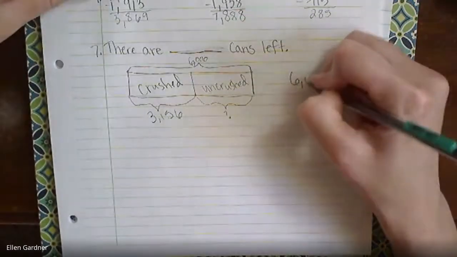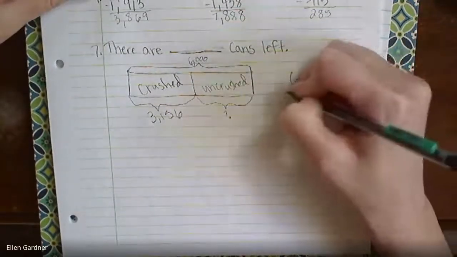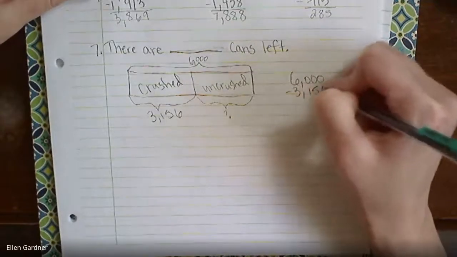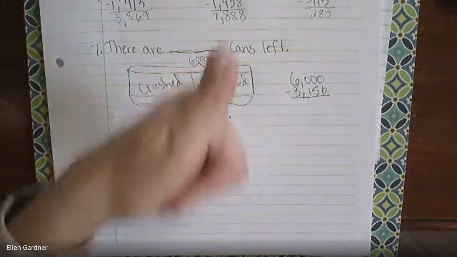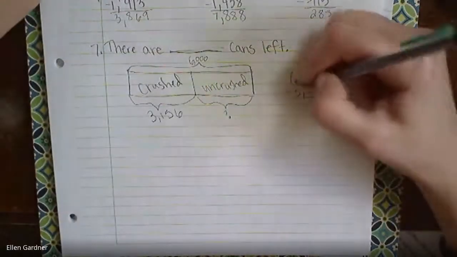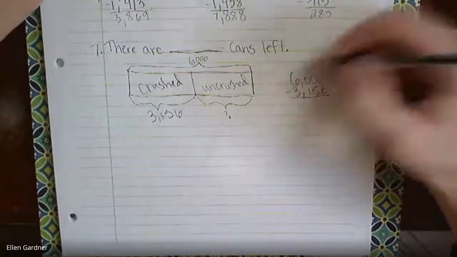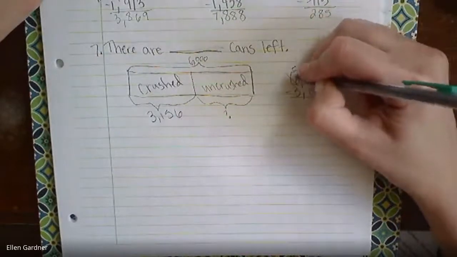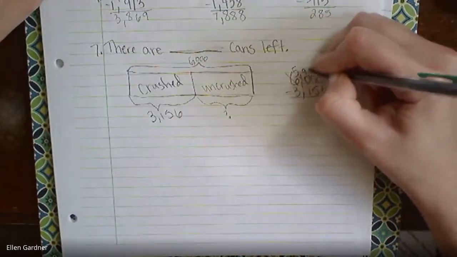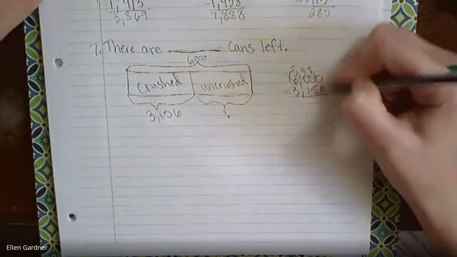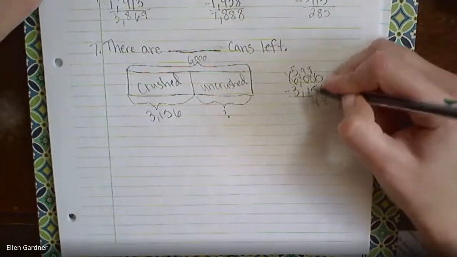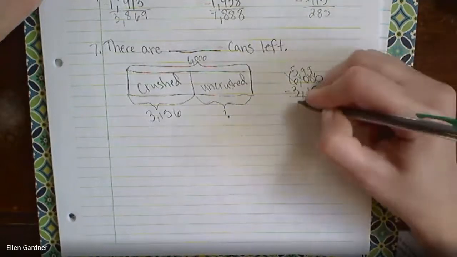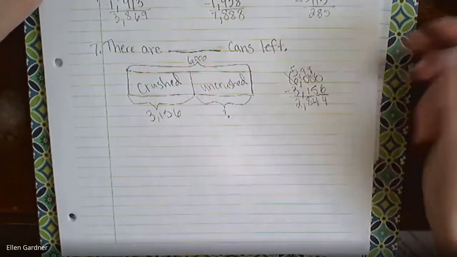Okay. 6,000 minus 3,156 is how we solve for it. Who subtracted? Great job, if so. We are going to subtract across zeros, so we need to go all the way to the thousands place to get enough ones to subtract. 10 minus 6 equals 4. 9 minus 5 equals 4. 9 minus 1 equals 8. 5 minus 3 equals 2.